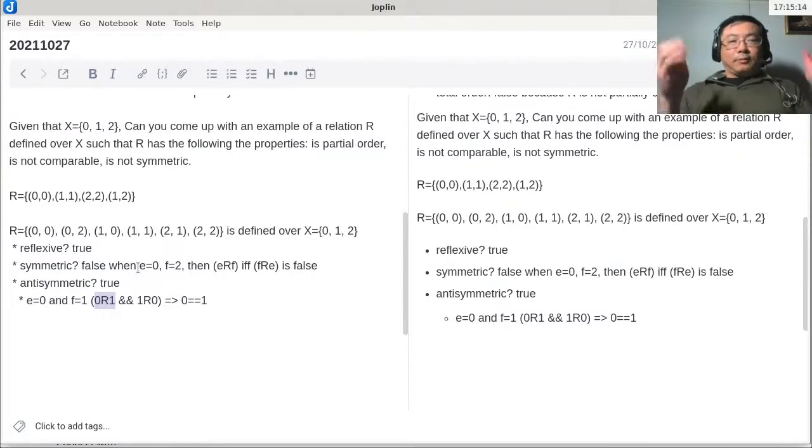So if you have false for the entire conjunction, that means the left-hand side of the implication is false. And I'm not going to sound like a broken record. It suffices to just say that the implication is true because of that. Does that work? Once again, it boils down to the understanding of implication, because that is why the implication is true.